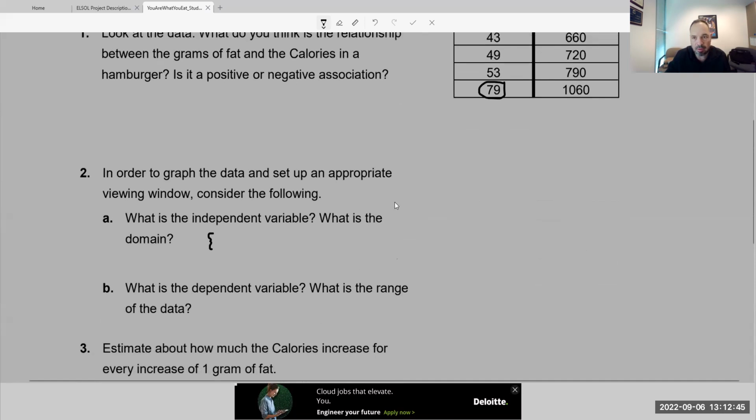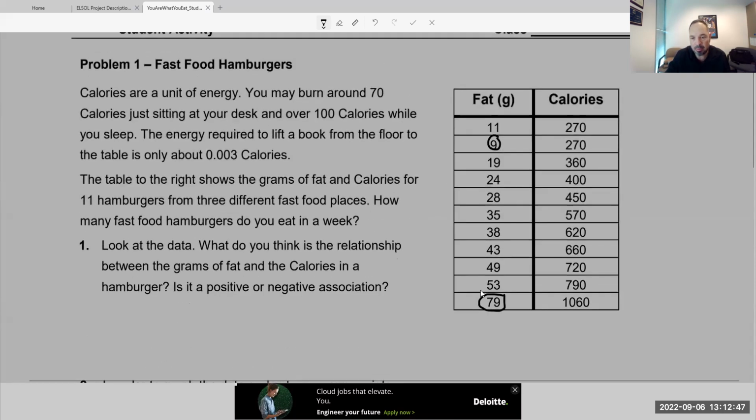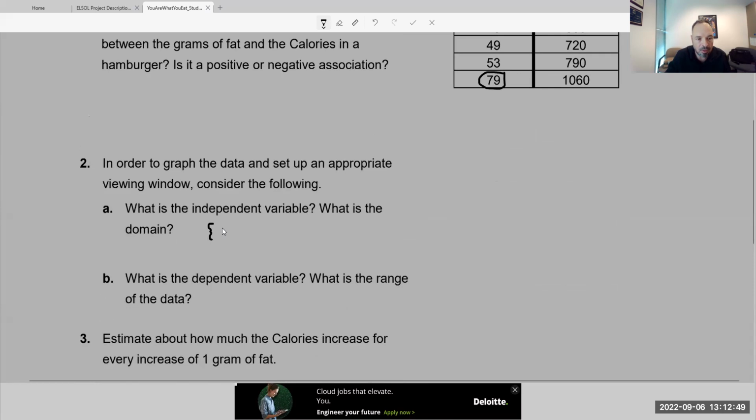And rather than start with 9 and go up to 79, why don't we go from, say, 0, which is a little bit lower than 9, and go all the way to, somebody suggested, 100, since it's going to 79. So let's use that as our input and output.